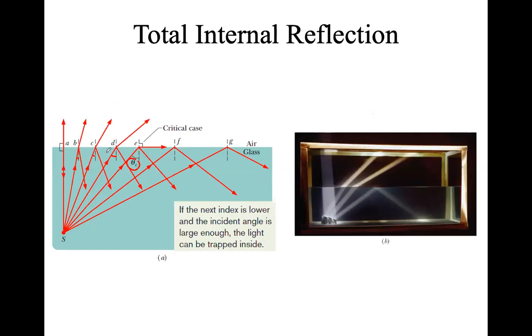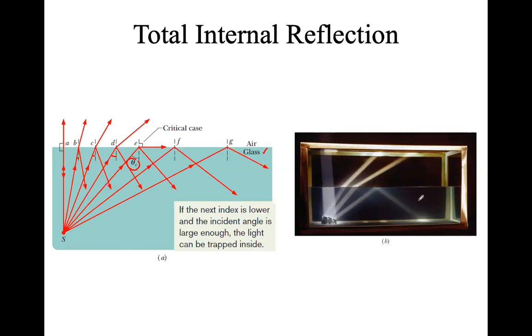For these cases right here, where the incident angle, theta 1, is less than the critical angle, light transmits through just fine. Some of it's also reflected, but you get a mix. As soon as you hit this critical angle, the transmitted angle has reached the 90-degree limit. It can't be any greater than that. And so the light is completely reflected inside, in this case, the glass.